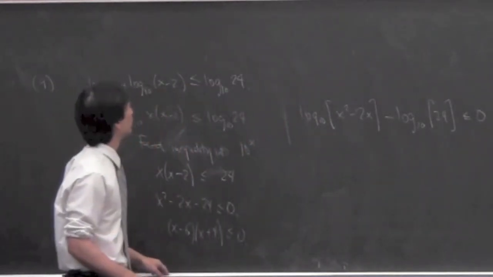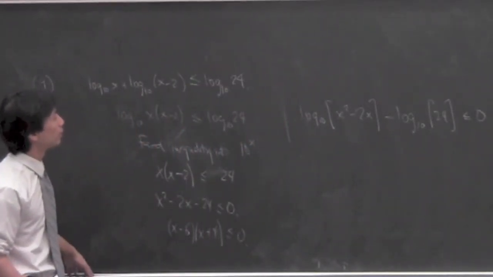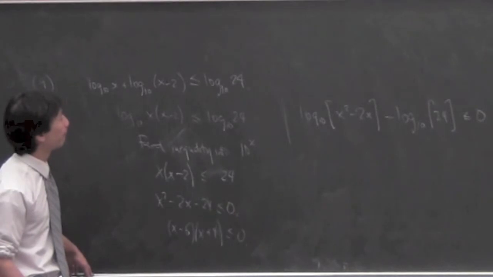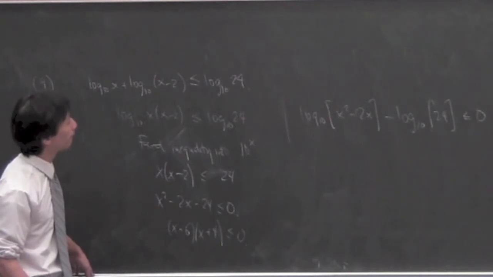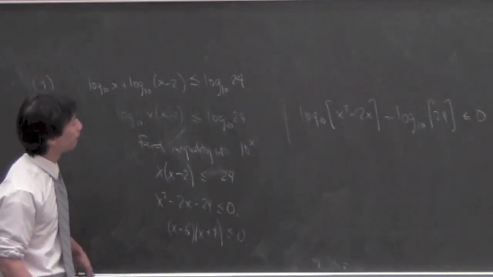And then you would use the log rule, so you would divide. So it would be log base 10 of (x squared minus 2x) divided by 24. And then you take 10 to the other side, so it would be 10 to the power 0, which is equal to 1. So you get (x squared minus 2x) over 24 is less than or equal to 1.